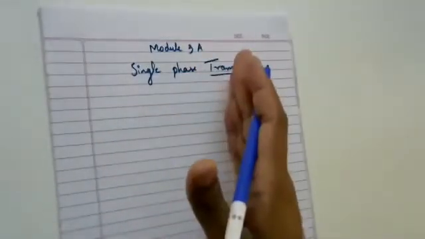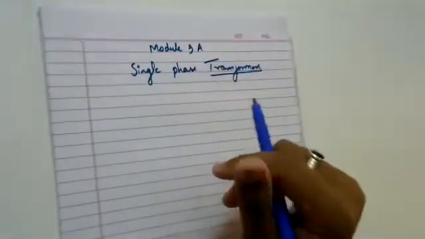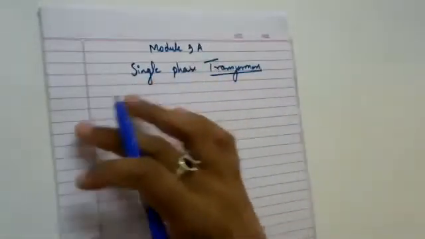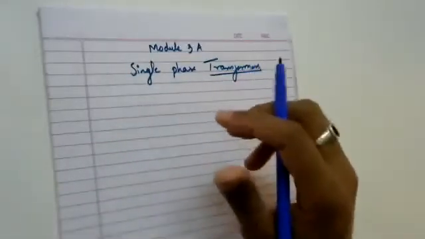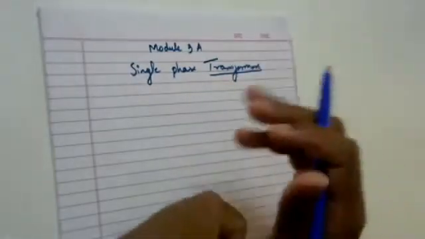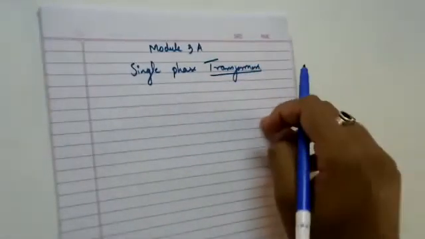We transmit the AC power, we distribute the AC power, and we consume the AC power. So in order to make this entire path from generation point to consumer point AC in nature, I feel it is because of this one component, the transformer, that we are able to achieve it.